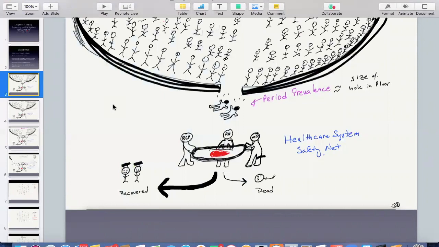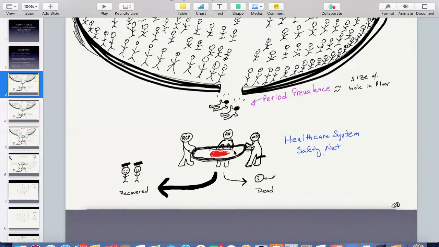And so in this slide, you can see that there's a pool of susceptible people here. And you can kind of think of them as falling through a COVID trapdoor. And it has a certain size to it that allows a certain rate of infection to occur. And over a period of time, we'll call this the period prevalence. And so the size in this gap here is related to what that period prevalence is.